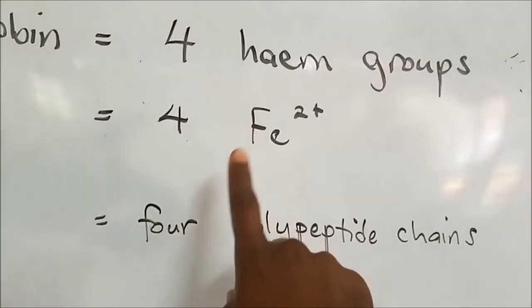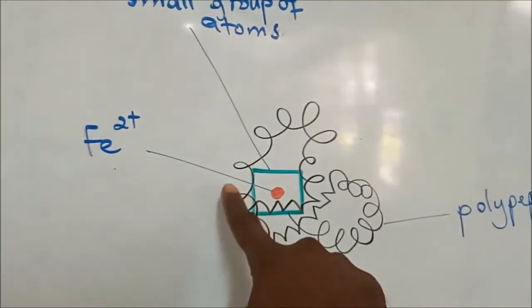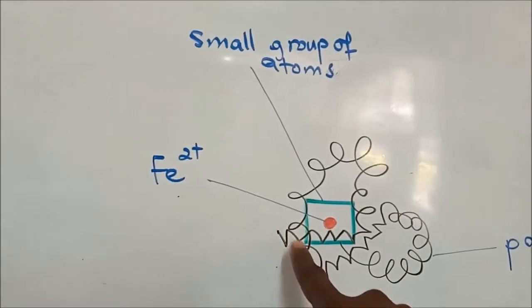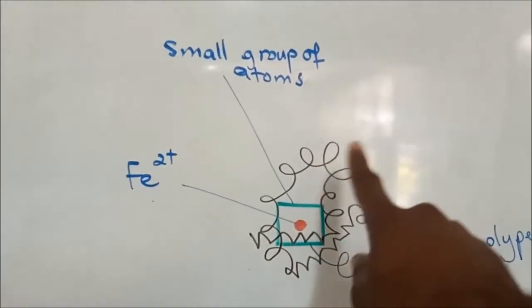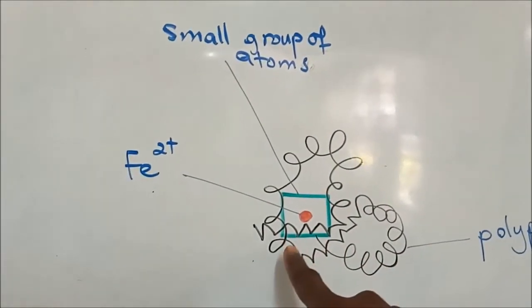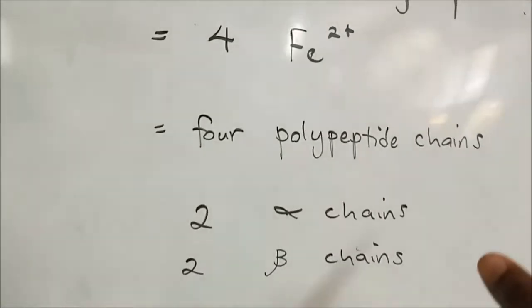If you have 4 heme groups, then you're also going to have 4 polypeptide chains, because remember, over here I just showed you 1 heme group with 1 polypeptide chain wrapped up, coiled up, twisted up in a tertiary structure around it. Good. So we have the 4 polypeptide chains.